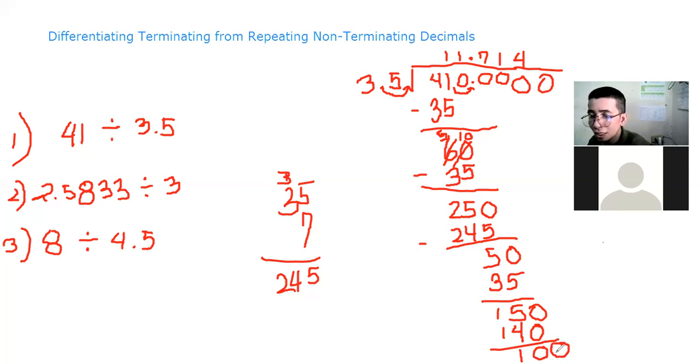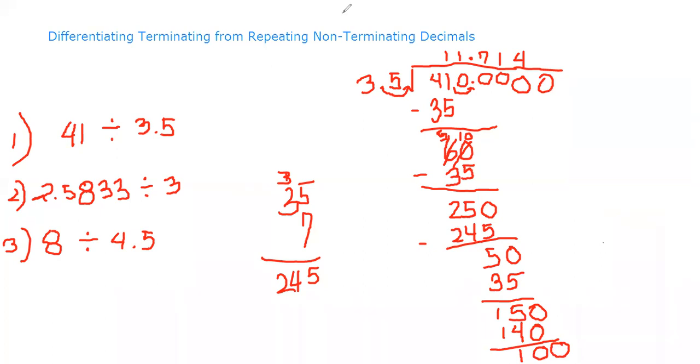So, 100 divided by 35. Ilang 35 meron kay 100? 35, 70. 2 lang po. Yes, 2 lang. So, hindi na siya kasya. Dito natin ituloy. So, may 100 tayo.